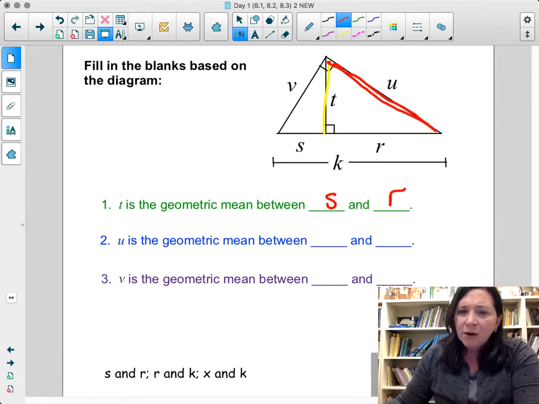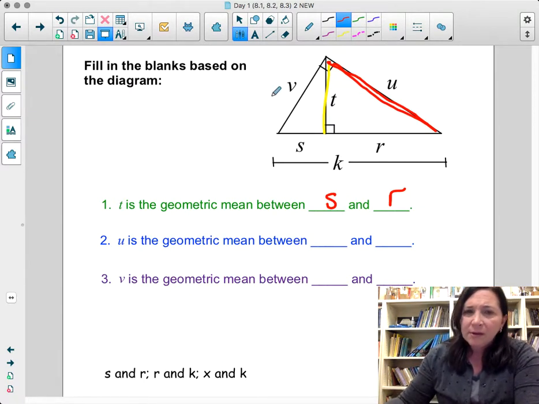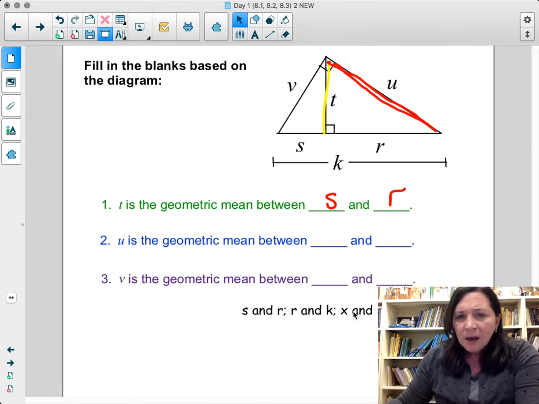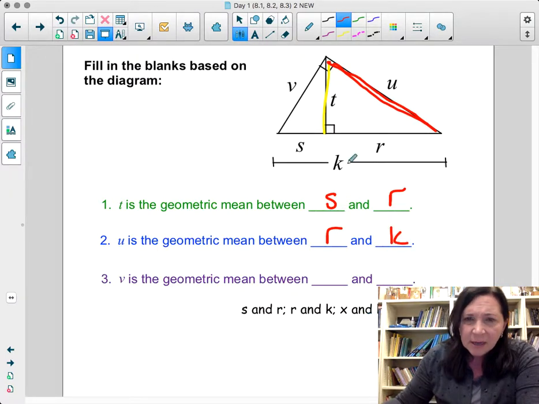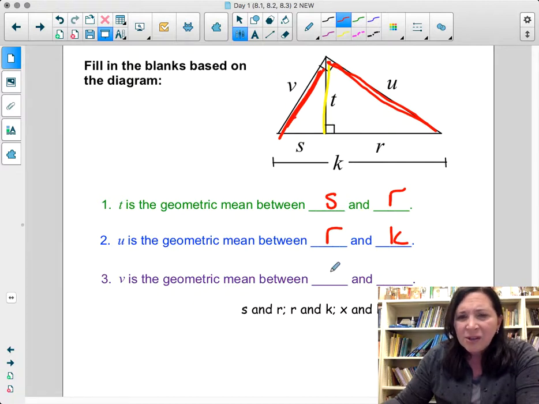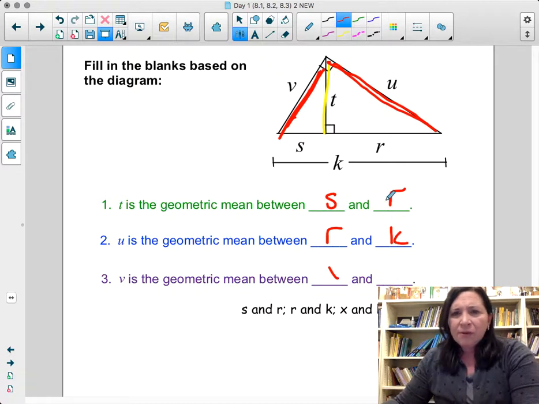U is between R and K, X is between, there's your answers right here. S and R, you've got U is between R and K, you've got V, this is V, is between X and K. So you just, there's no value there.